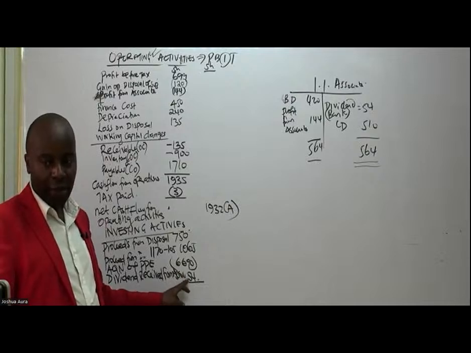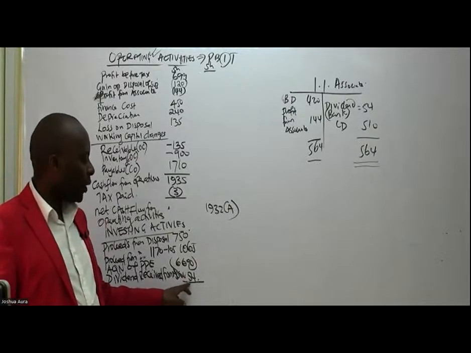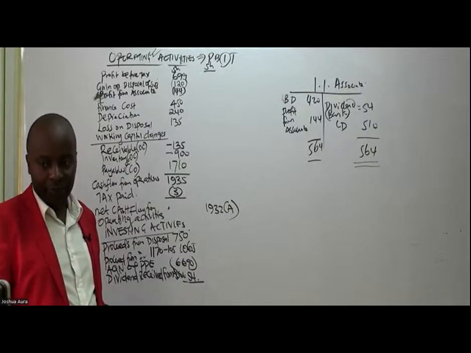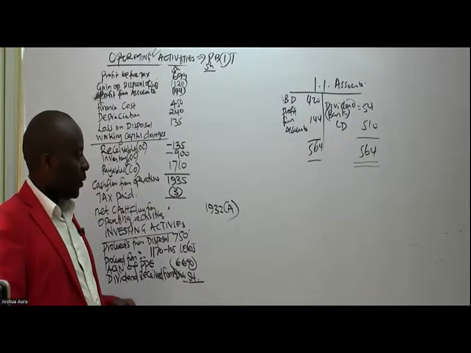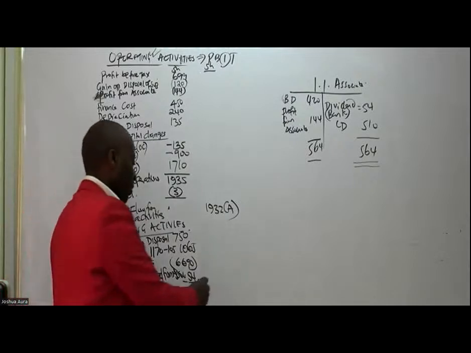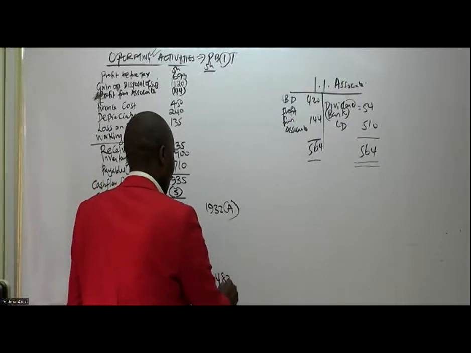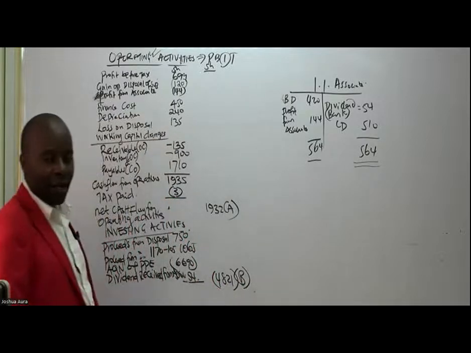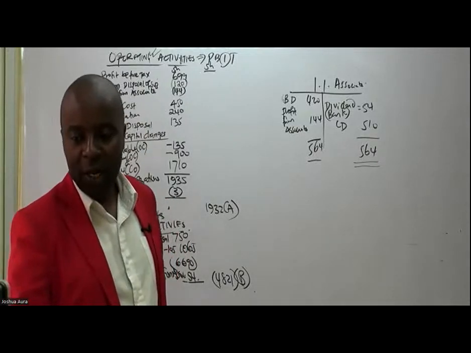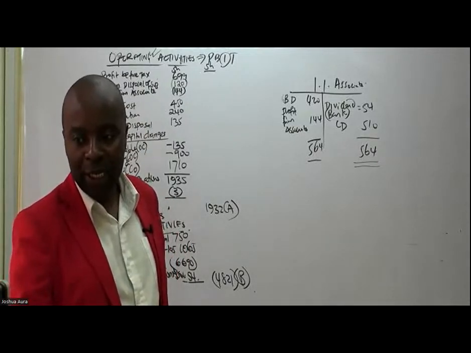What are we getting here? 48, 21 negative. I'm being given a figure of 48, 21 negative. This is our figure B. Please confirm this figure again, because if we don't do that, then our cash flow will not balance.